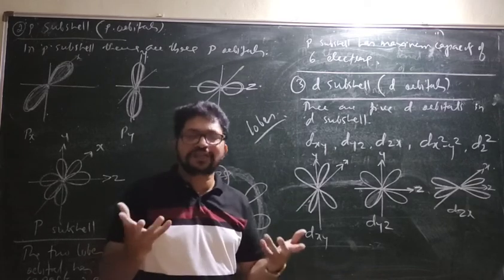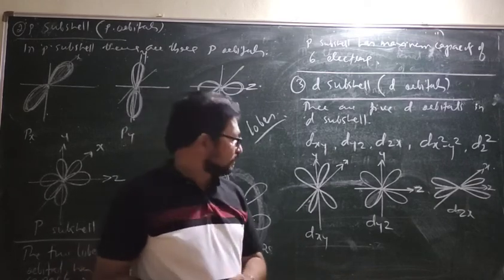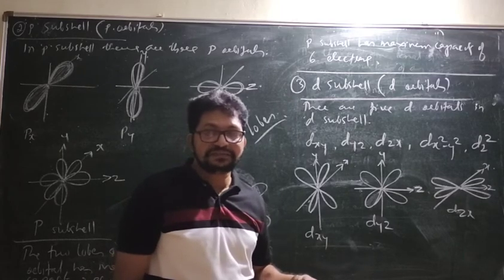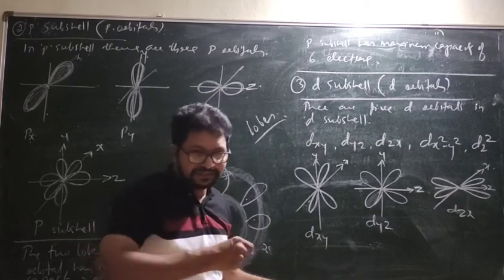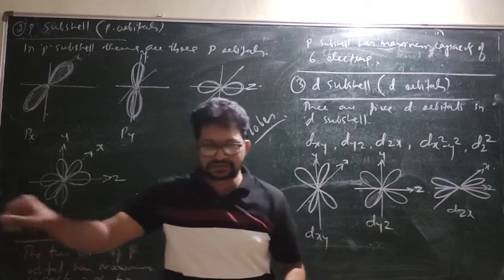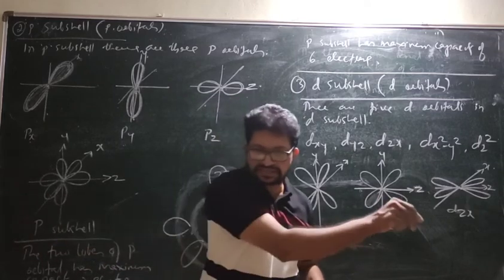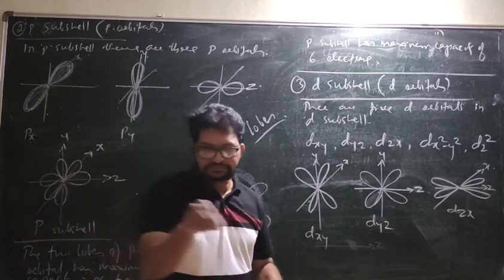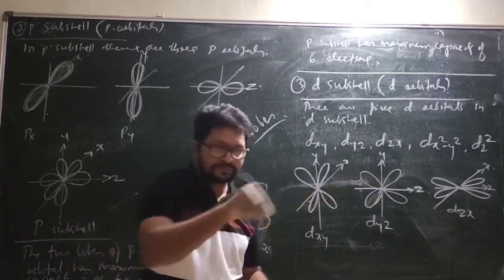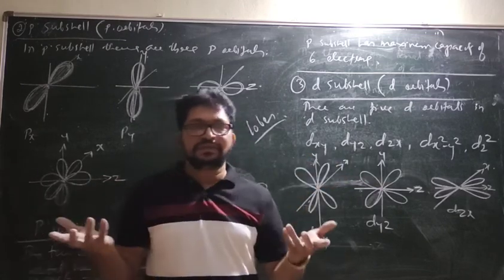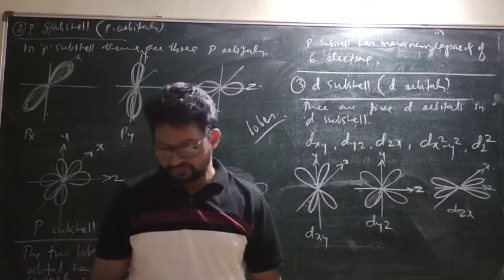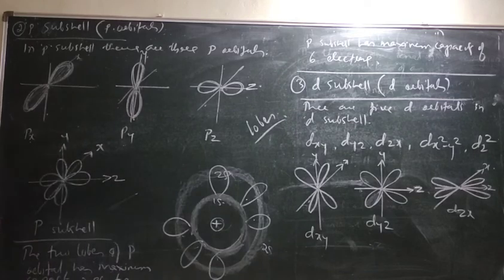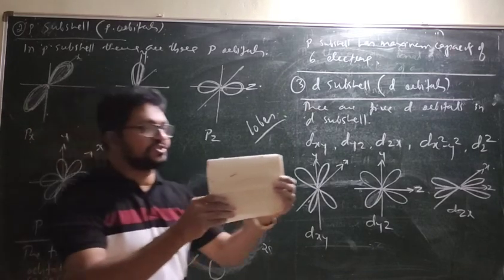This is different space. Zx, this and this. This is z axis, this is x axis, in between. See? This is a different space. Shall I show you the positions? Look here, I'll show you the position.